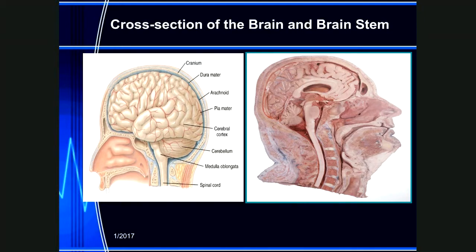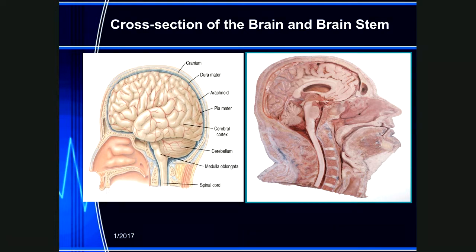There's a pretty good reason why they call it the gray matter, because it's the color of the cerebrum in comparison to the white matter. Part of the brain's gray, part of the brain's white. So that's why we refer to it as the gray matter.